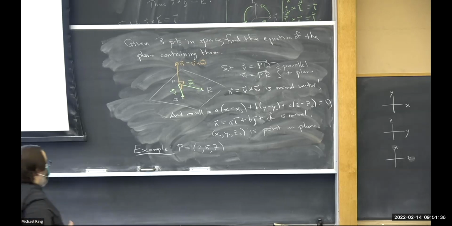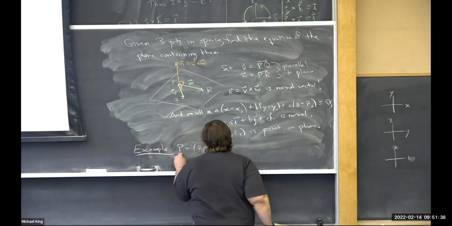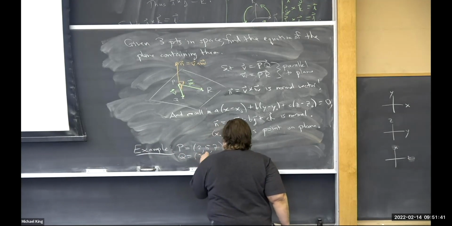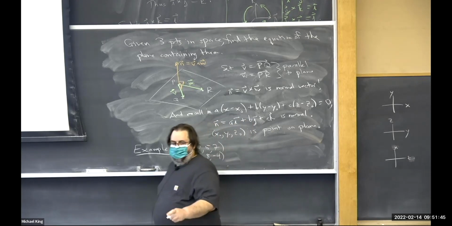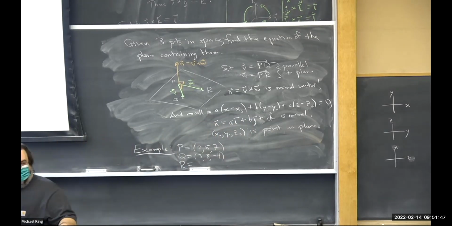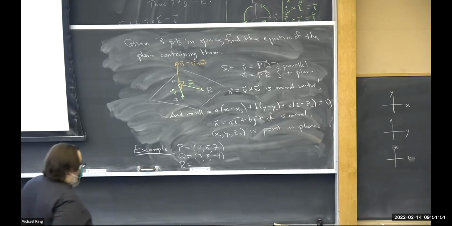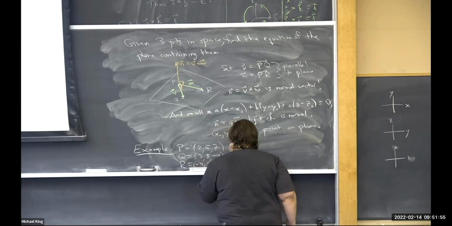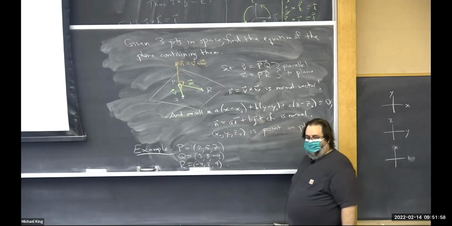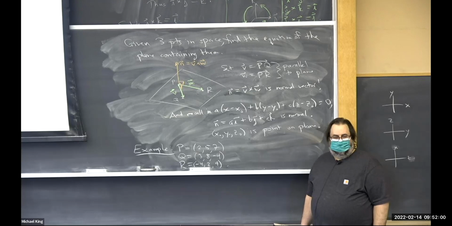Yes, negative. Good. Q is 3, 8, negative 4. All right. Who else wants to give me a point? Negative 4, 2, 9. Okay. We are going to find the equation of the plane that contains all these 3 points.